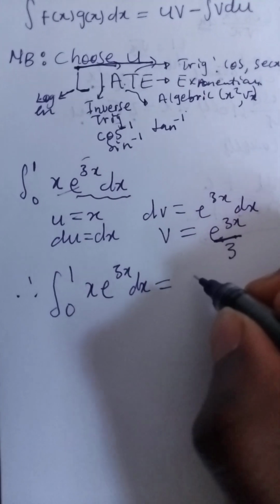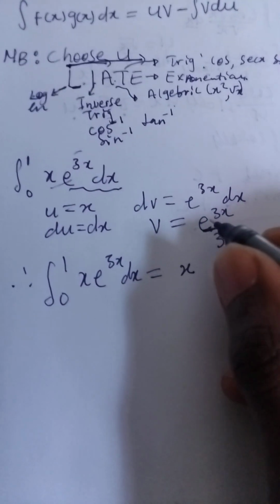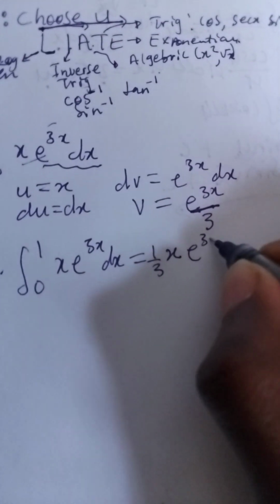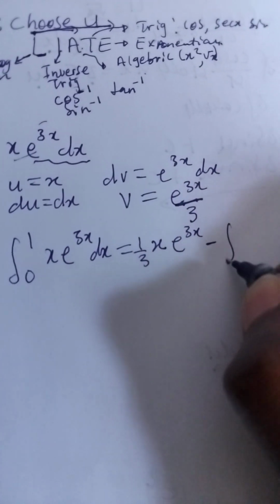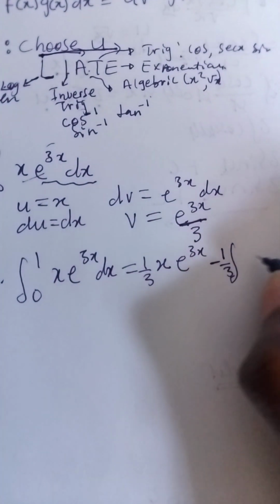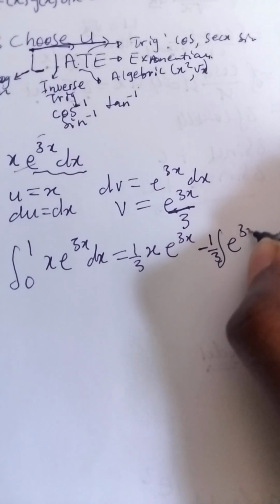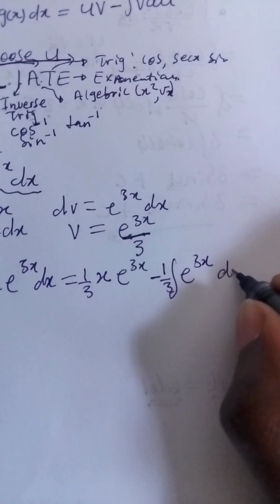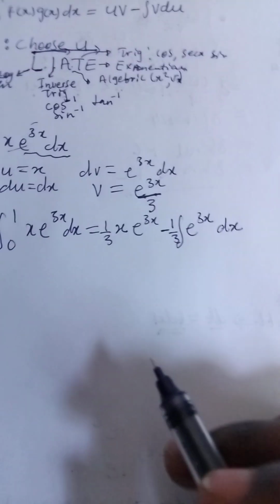So I got u as x. So v, I get it as 1 all over 3 e to the power 3x. Then minus the integral of v. My v is 1 all over 3, so I'm going to put 1 all over 3 here. Then e to the 3x. And du is basically equal to dx, so here I have to just put dx, isn't it?